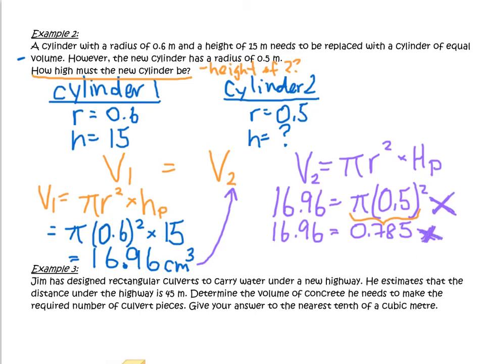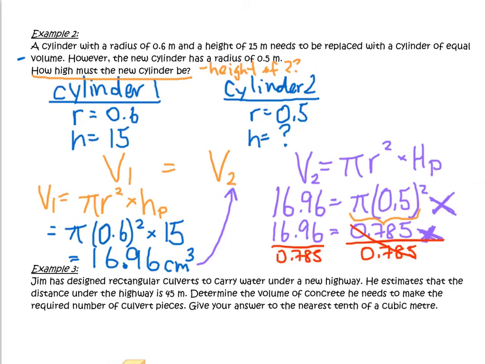Times x, so we still want to get x by itself. Ramsha, how do we get x by itself? Division. Divide by what? Divide by 0.785. What we do to one side, we must do to the other. So what does x equal?